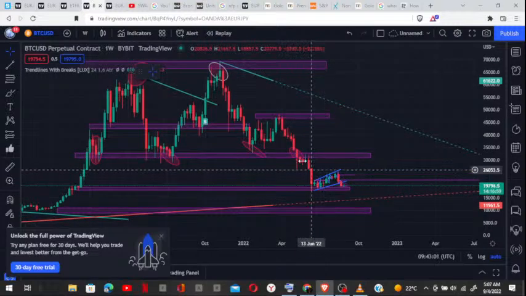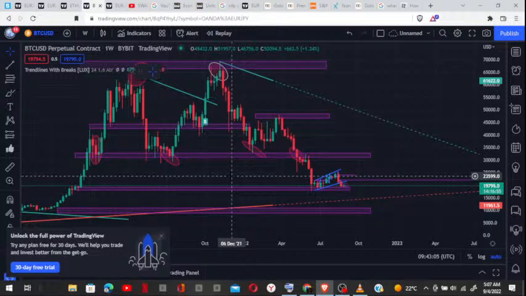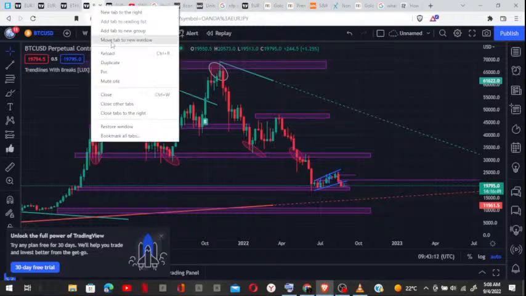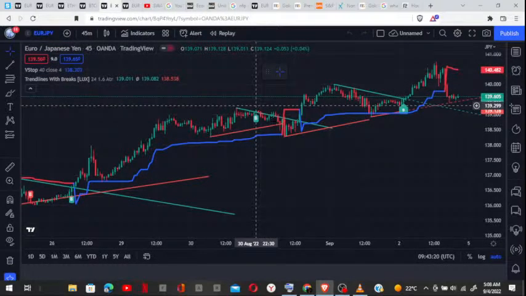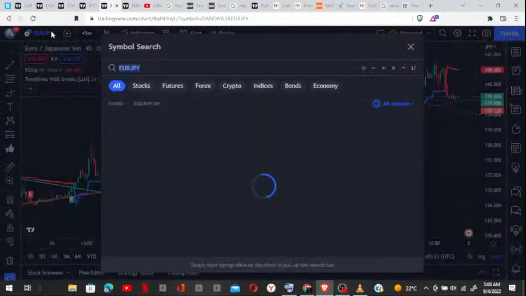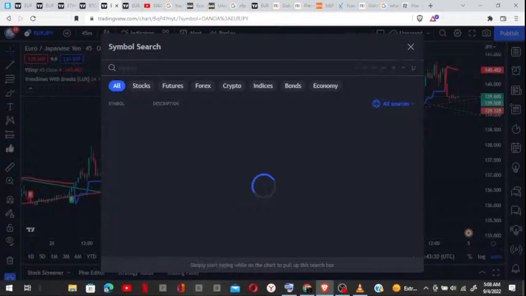When the price breaks below the red line, that signifies that you should start taking sell positions in the market. Let me duplicate this and find maybe a different pair. It doesn't have to be Bitcoin. Let's use EURUSD, or maybe gold. Let's try it on gold.